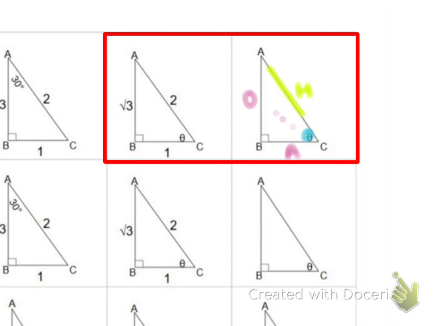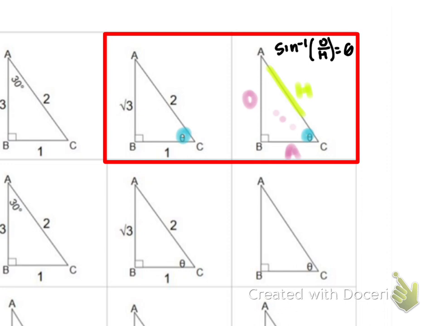Okay, now for inverse sine, okay, you're going to have sine. You're going to write that -1, and in the parentheses is going to be your O over H, okay? And that's going to help you get that angle right there. Remember, that's what theta stands for. Theta stands for an angle. So let me show you how it's going to look like on your actual questions with numbers, okay?